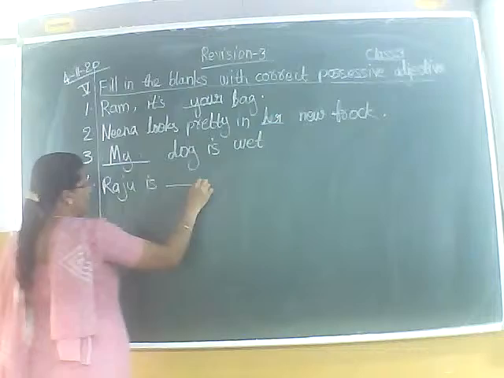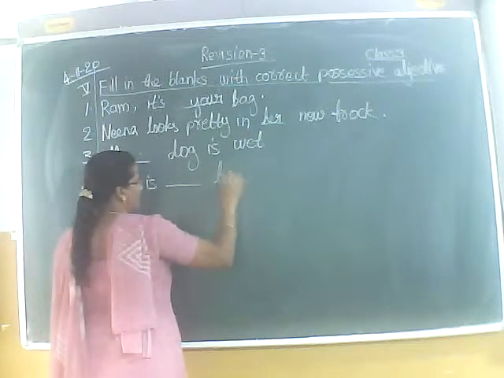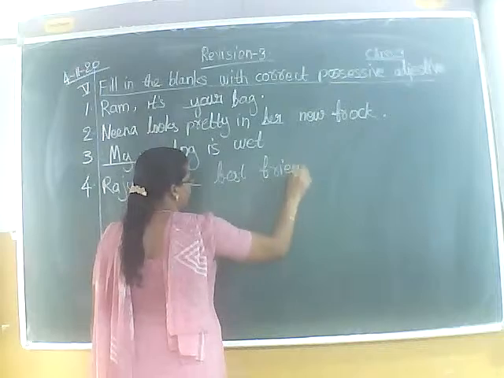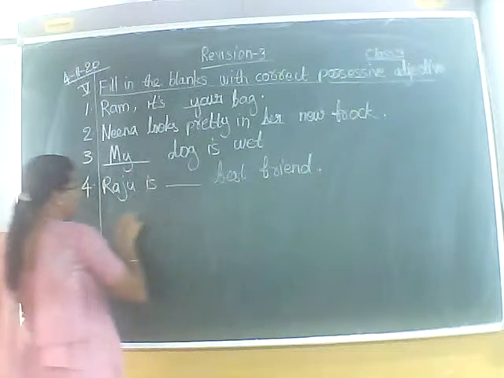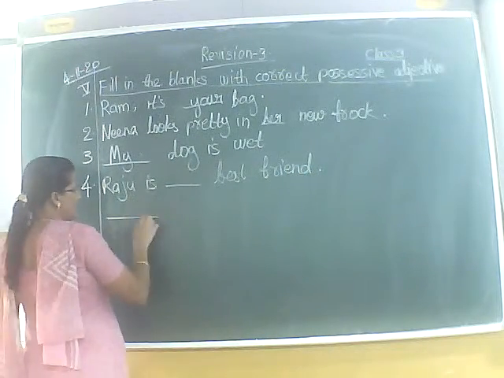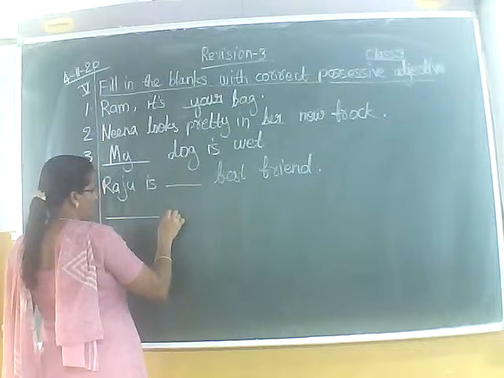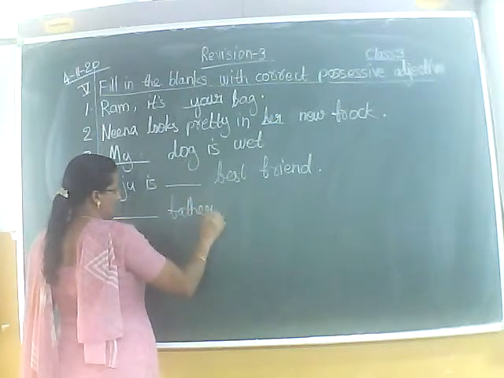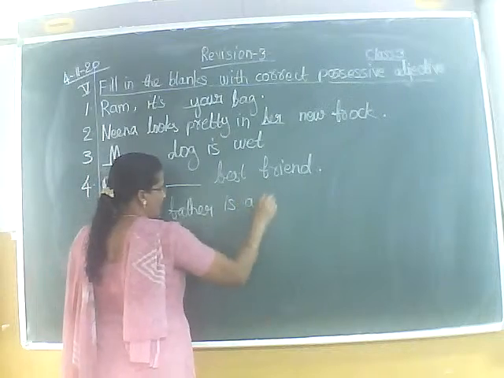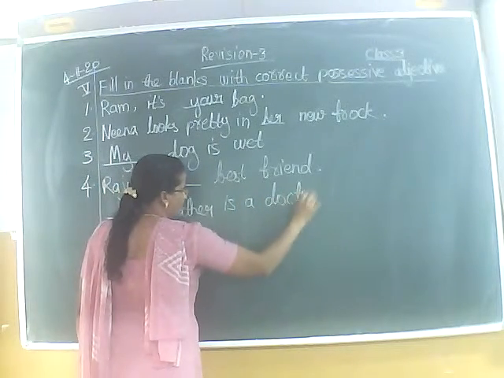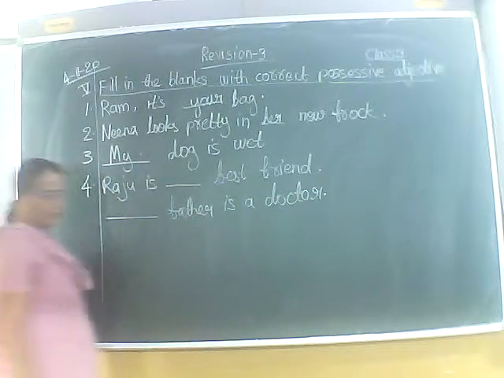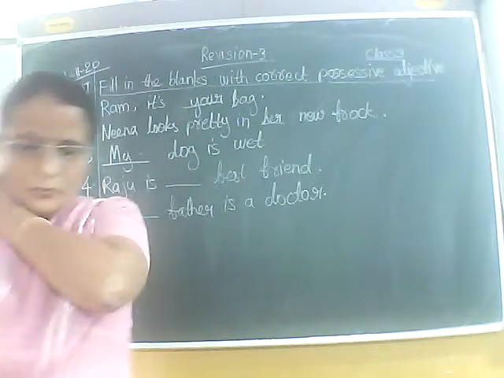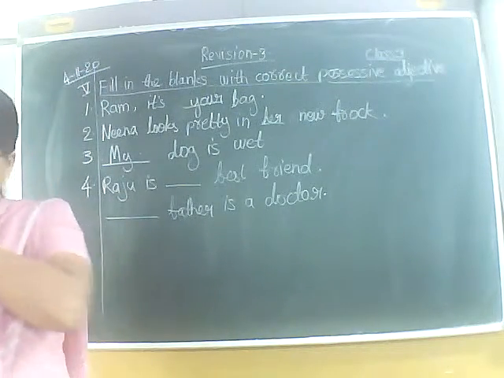Raju is dash best friend. Next sentence is here itself. Raju is dash best friend. Dash father is a doctor. You have to fill two possessive adjectives here.